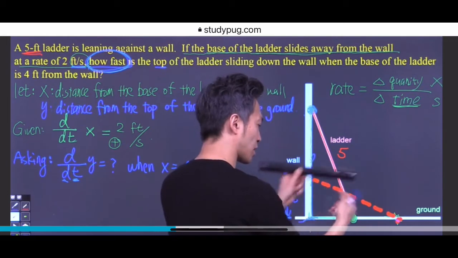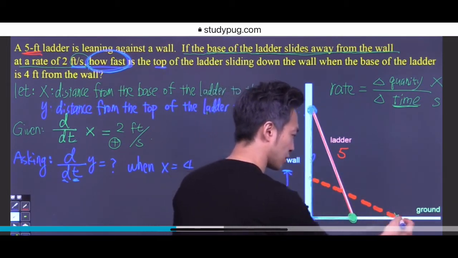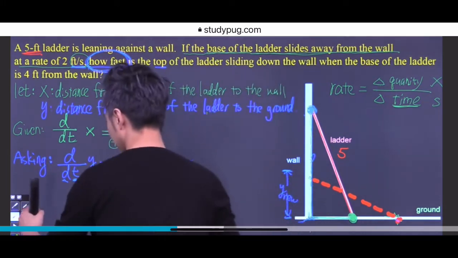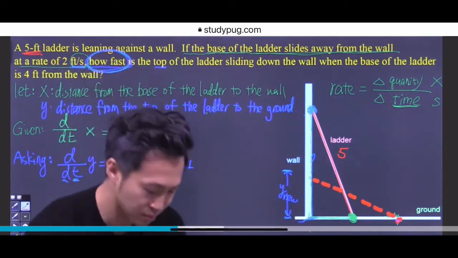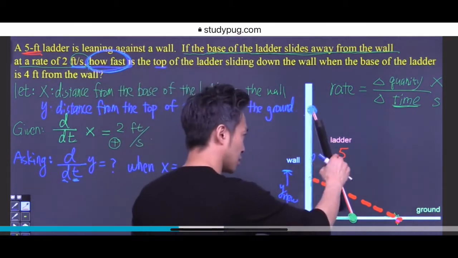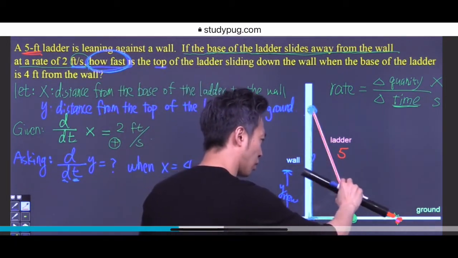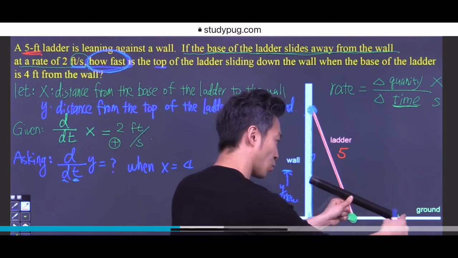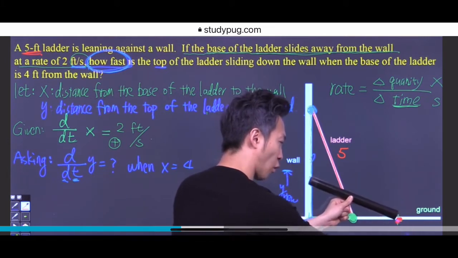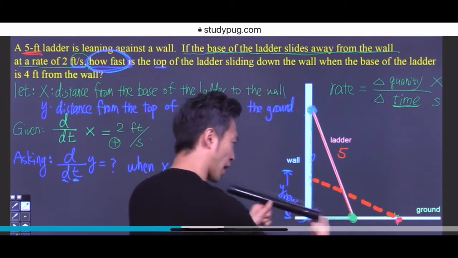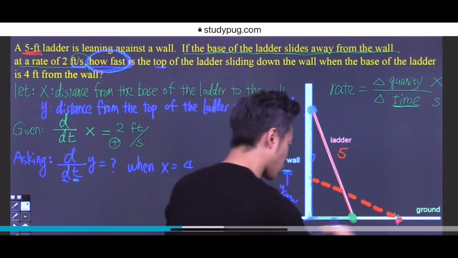Can you see this triangle right here? In fact, let me draw it out. So as the ladder slides away from the wall, let's say at this instant, when the base of the ladder reaches 4 meters away from the wall, we have a triangle. Let's just focus on this triangle.